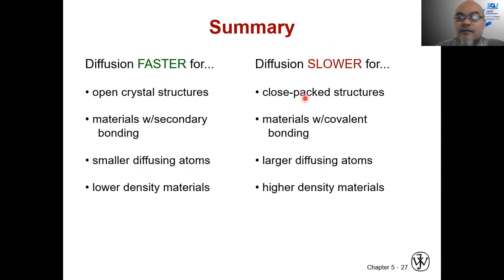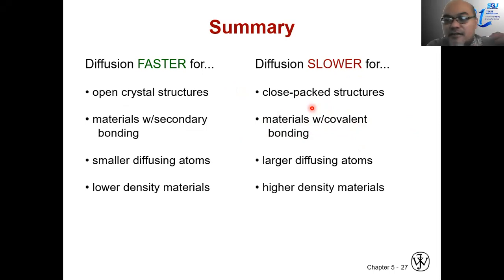Diffusion is slower when the host material has a close-packed structure, or covalent bonding, because then it is not easy to kick out an atom, in the substitutional case of diffusion, so that it moves to another position. It is not that easy.